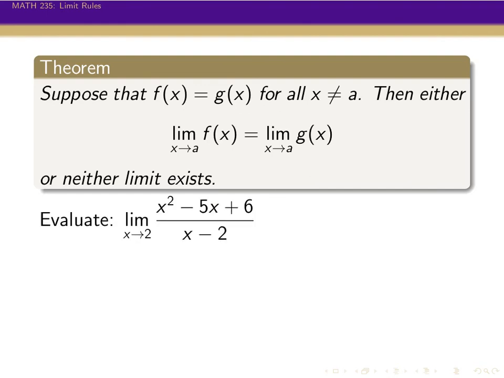And so this is what I mean. Let's consider this limit, x squared minus 5x plus 6 over x minus 2, and we're taking the limit as x goes to 2. So just looking at this, our function f of x here is not defined at x equals 2, because then we'd be dividing by 0. So this is our f of x, not defined at 2.